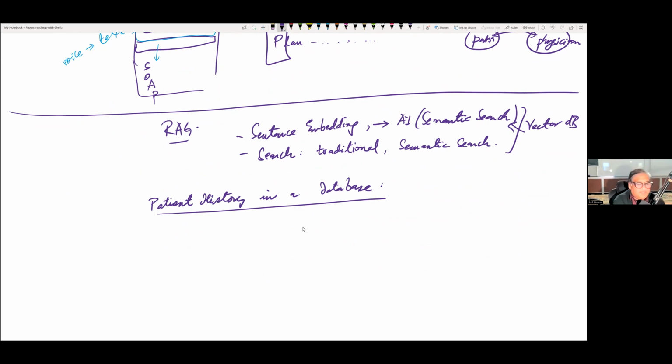We also did something else. We put a lot of medical textbooks and articles. We put it all into a vector DB.